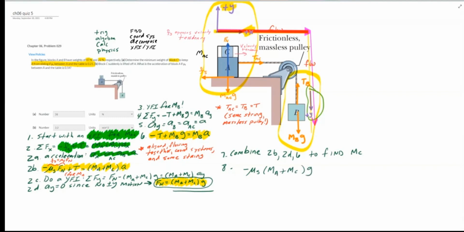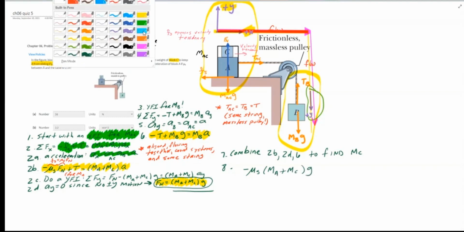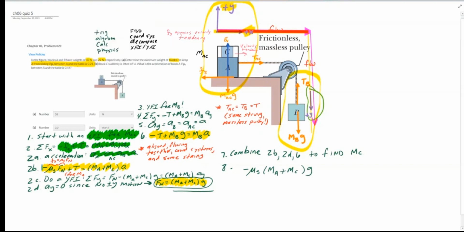So good, I have just taken care of this. There's negative mu S Fn. This is negative mu S, and this indeed is Fn right here, plus T. Let's keep going with number 2B.